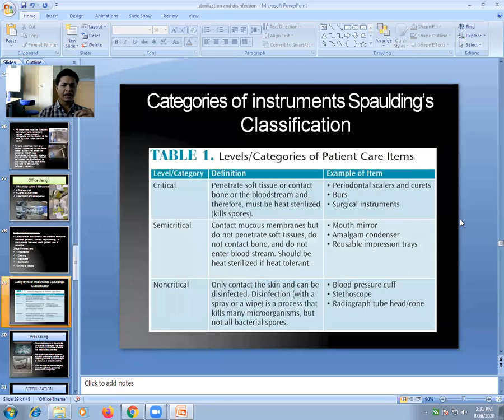In the non-critical category, blood pressure cuff, stethoscope, radiograph tube head or cone.